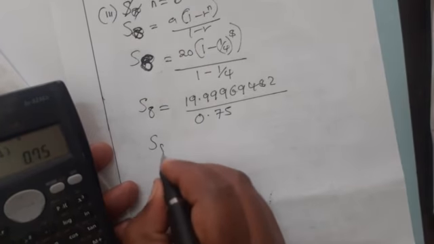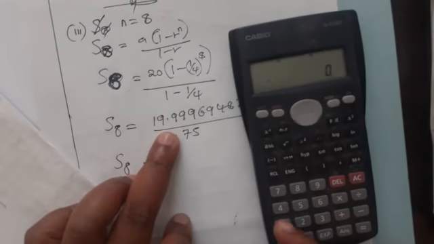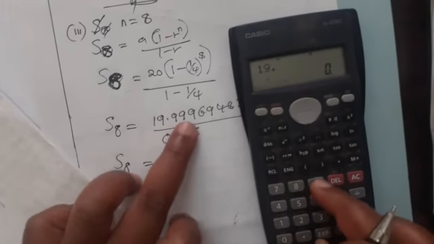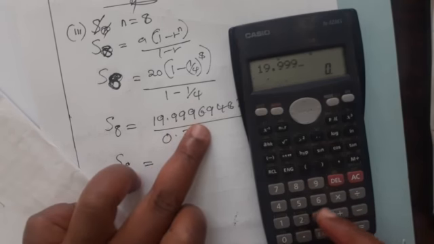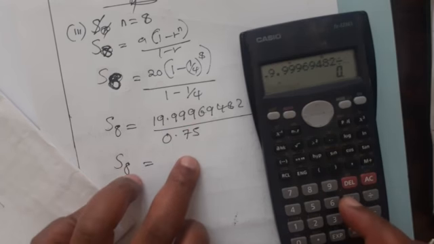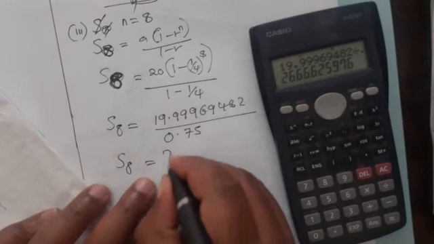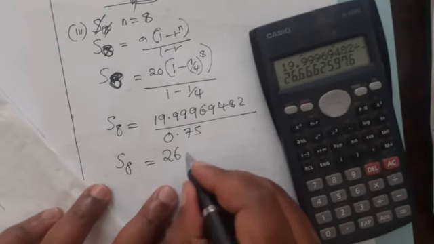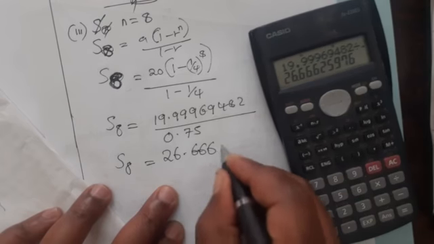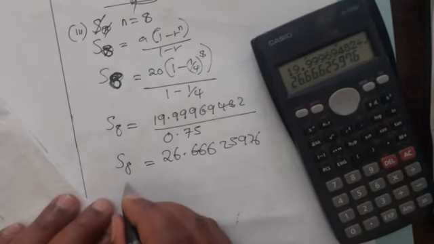So we'll say this number now, 19.99969482 divided by 0.75. This is the answer. 26.66625976. Alright.